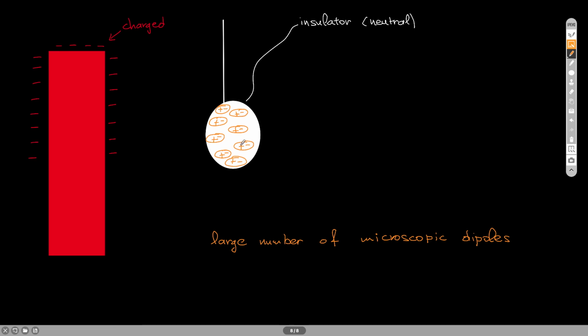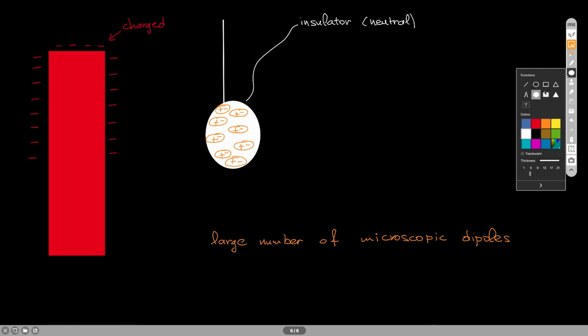How are the two objects, the charged and the neutral, interacting? Now, I will show you what happens on one of these dipoles, and the idea is the same for the rest. So let's take this one.